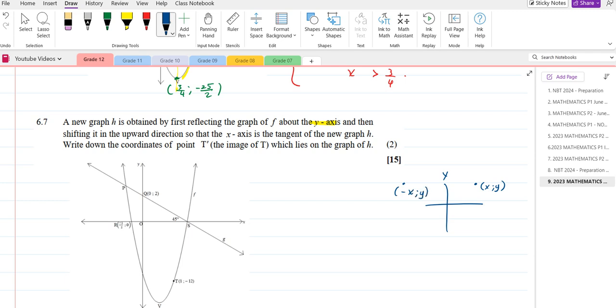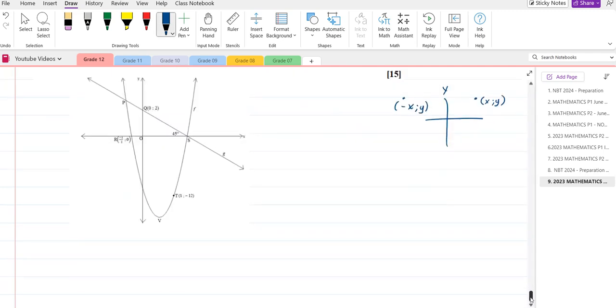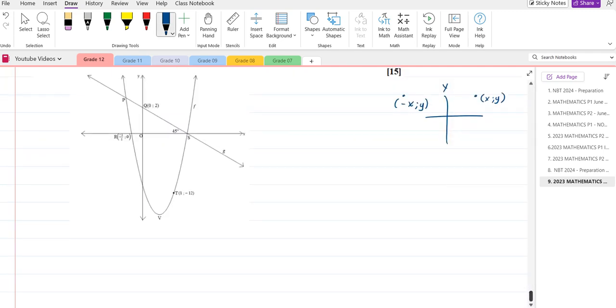And then shifting it in the upward direction so that the x-axis is a tangent of the new graph. So if you reflect this graph about the y-axis, remember this was 2, so that's going to go away there, and this half will go there, right? And it's not going to change the turning point, right?